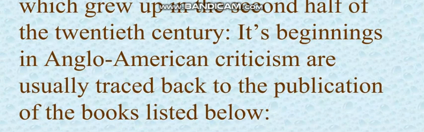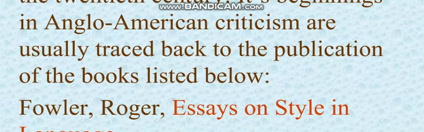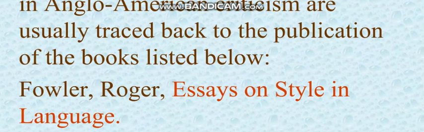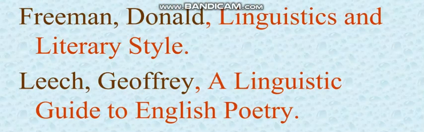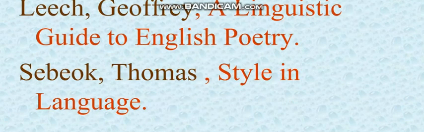Its beginnings in Anglo-American criticism are usually traced back to the publication of the books listed below, like Roger Fowler, Essay on Style in Language. There are some other books like Donald Freeman, Linguistics and Literary Style, Geoffrey Leech, A Linguistic Guide to English Poetry, and Thomas Sebeok, Style in Language.